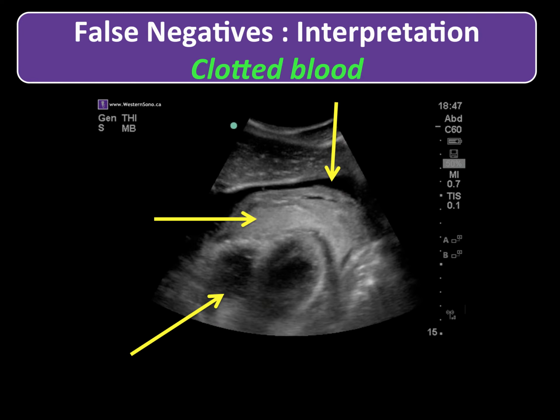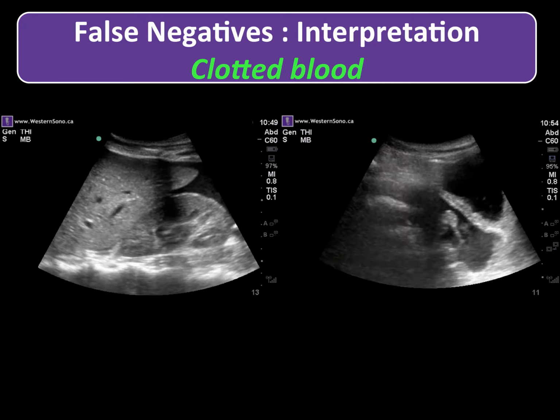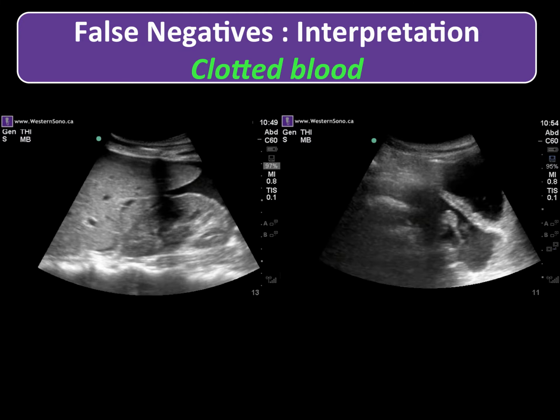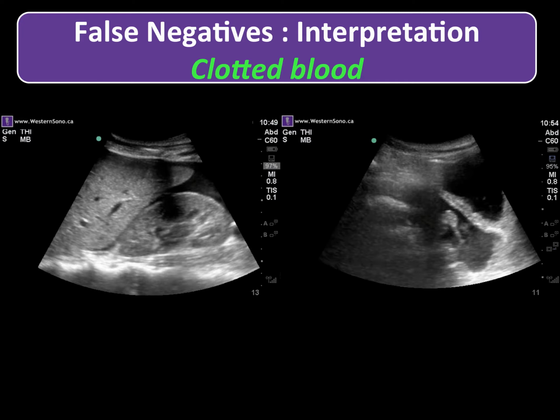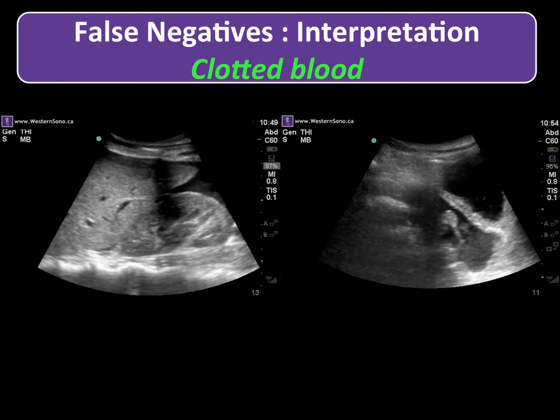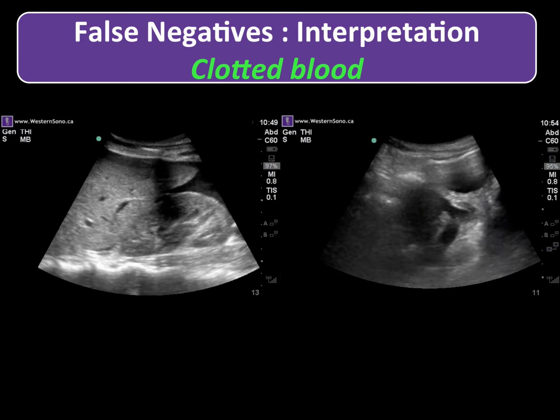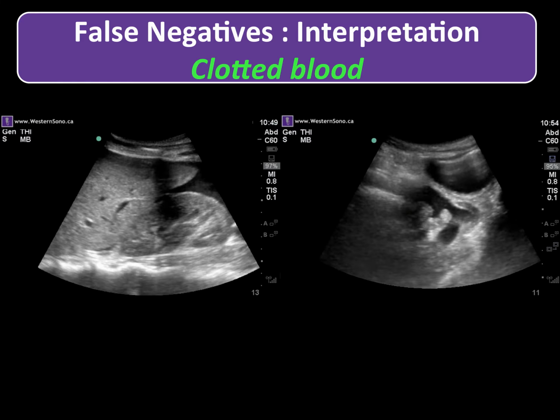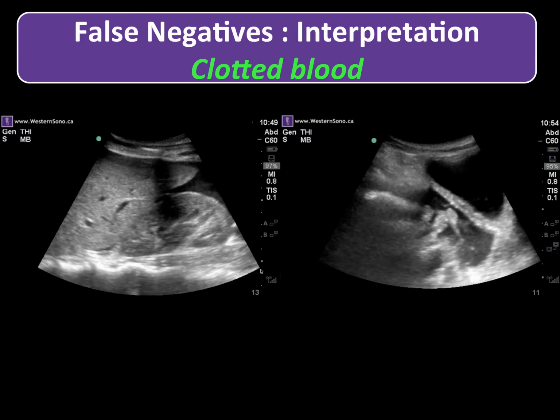Clotted or older blood in the abdomen can take on a similar appearance. Here are some more subtle examples of clotted blood in the abdomen. As you can see in these clips, anechoic blood is clearly visible.